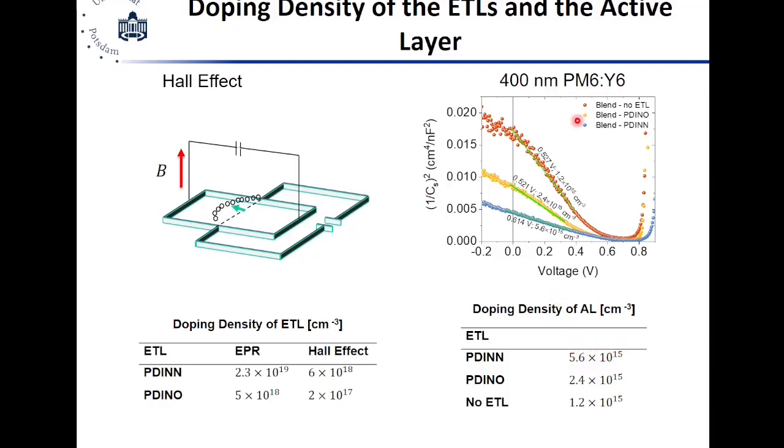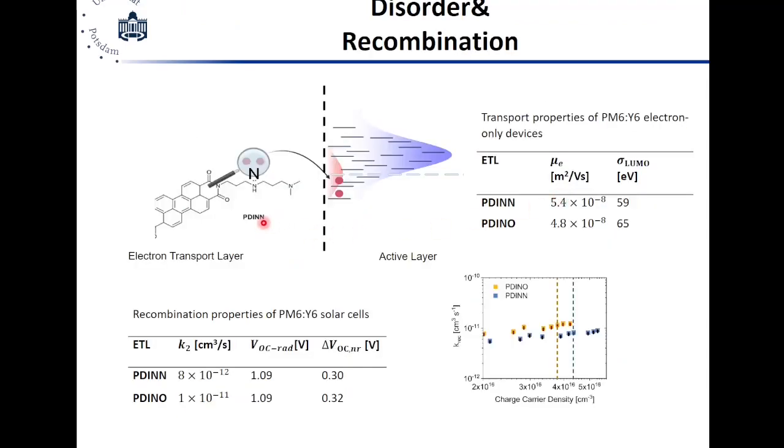This is the doping density of the active layer, and PDNO has a little bit lower doping density, and when there is no ETL, this value reaches the lowest level of doping density. So this device shows almost undoped behavior. So presumably there is some charge spilling happening from the ETL to the active layer.